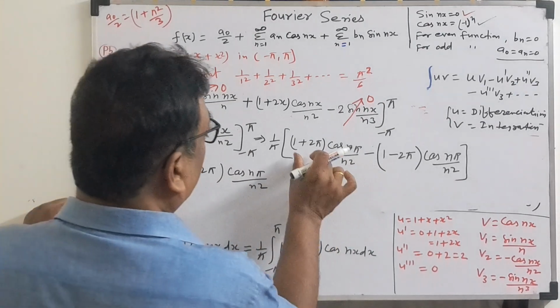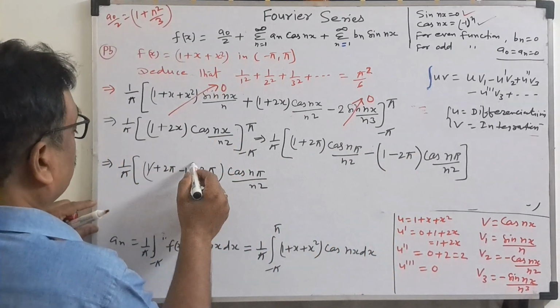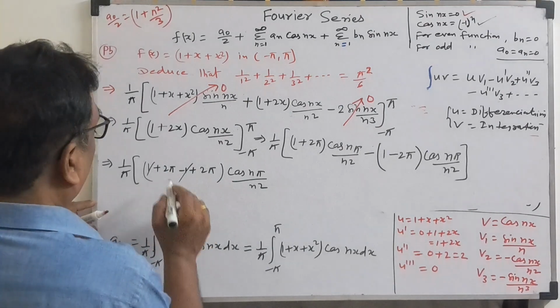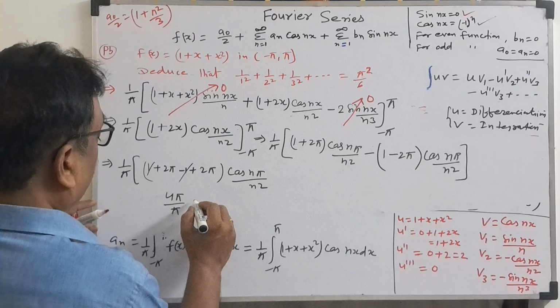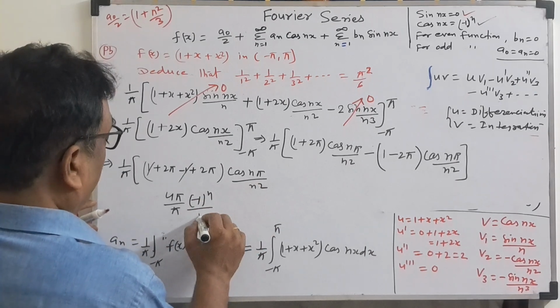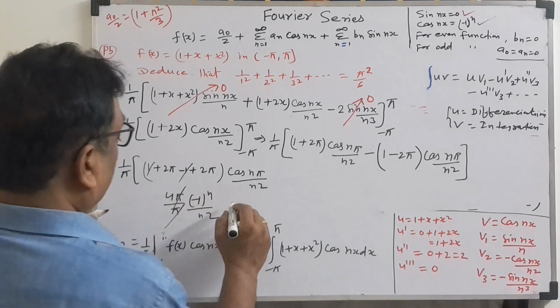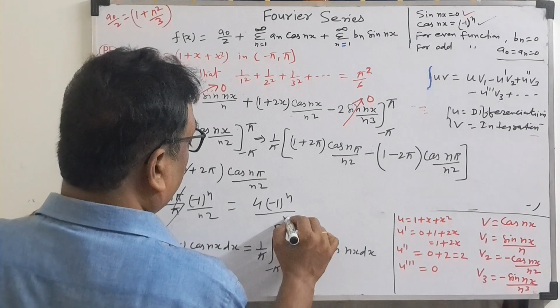I taken this common, so (1 + 2 pi) and minus (1 - 2 pi). This gets cancelled. So what is there here? 4 pi. This pi cancels, and cos n pi is minus 1 power n by n square. So what are we getting? 4 minus 1 power n by n square.